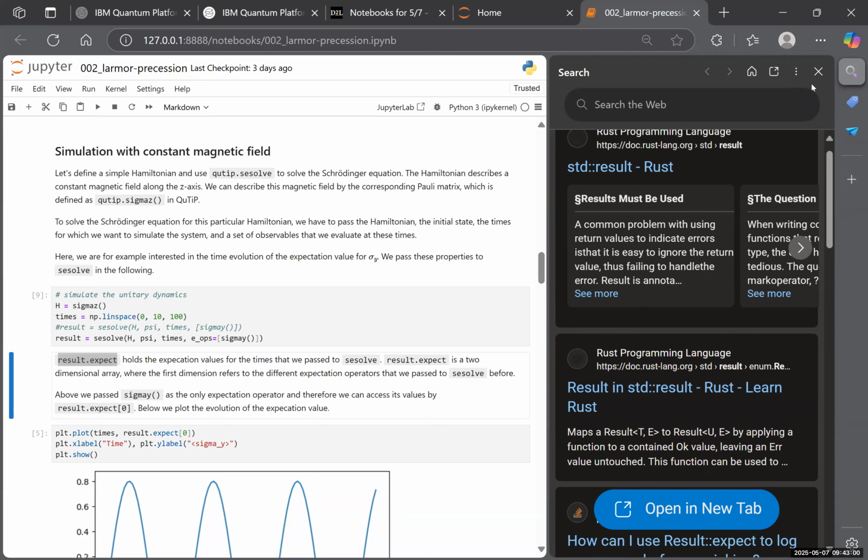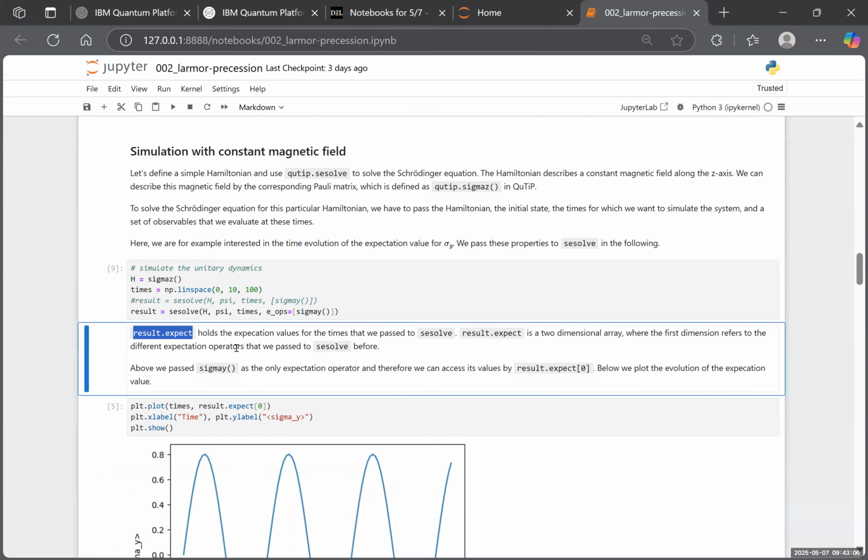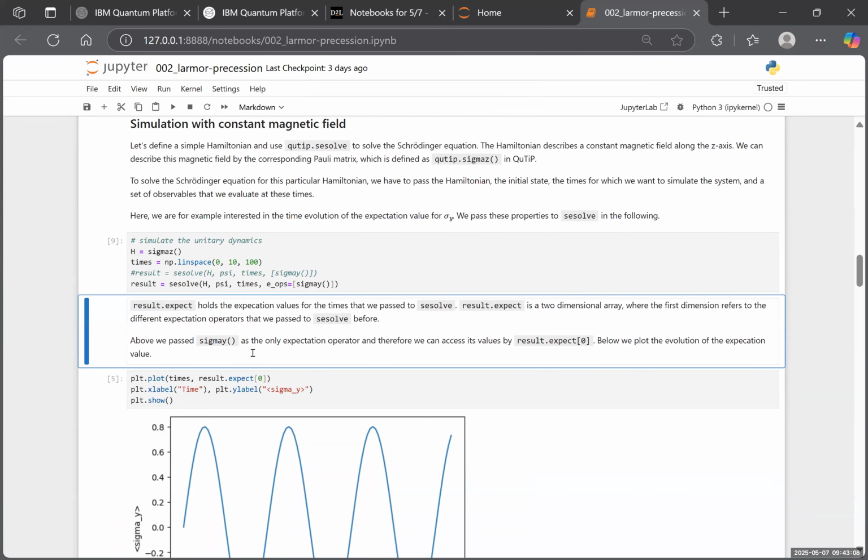Should be a cross button, or maybe it's blocked by some control. Okay. So it says this is a two-dimensional array where the first dimension refers to the different expectation operators that we passed.